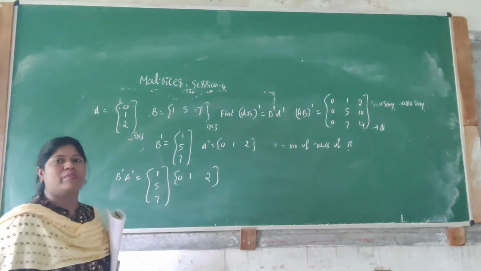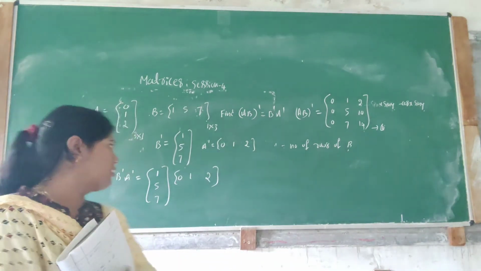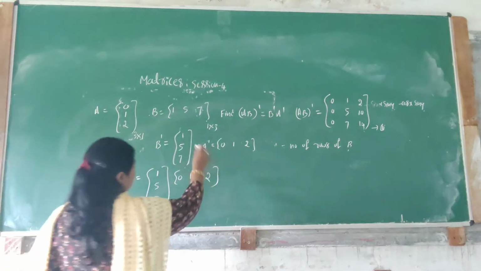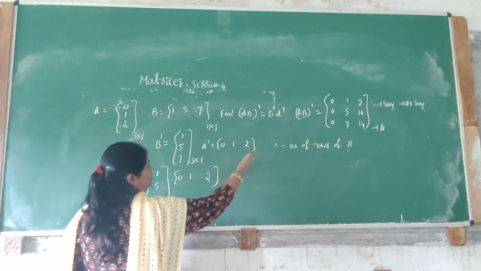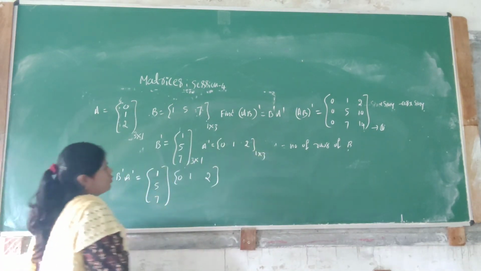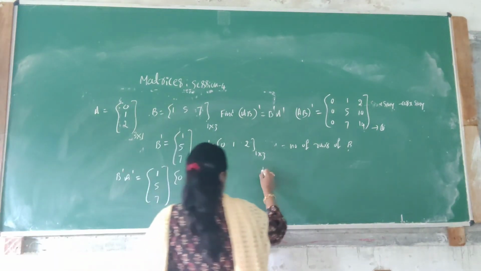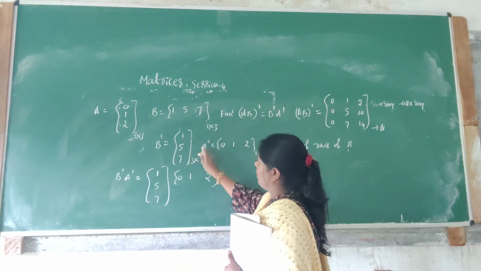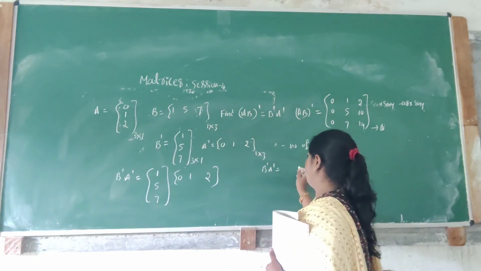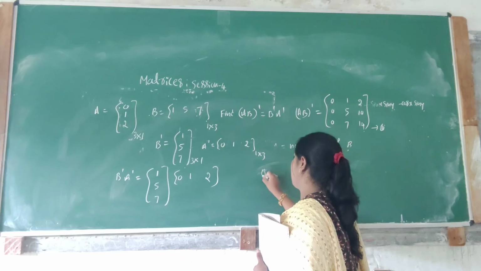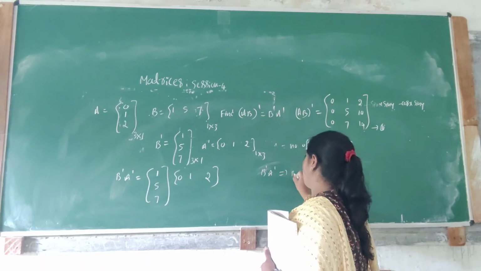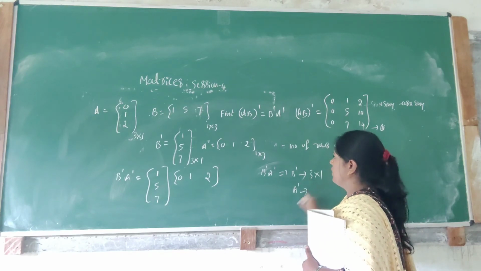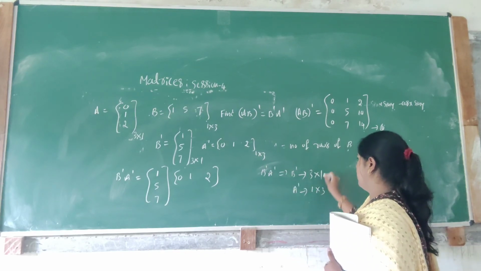Here also we have to get a matrix of order 3 cross 3. What is the order? B' is of order 3 cross 1 and A' is of order 1 cross 3.